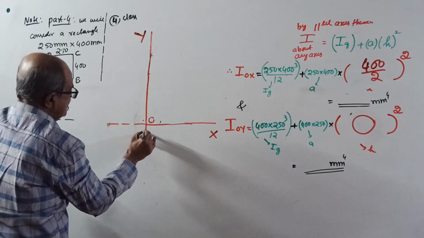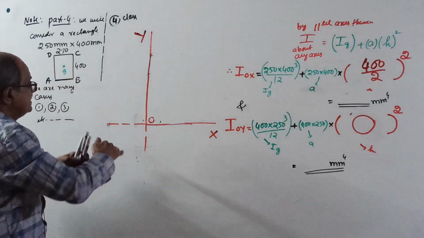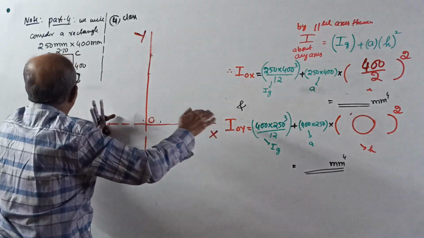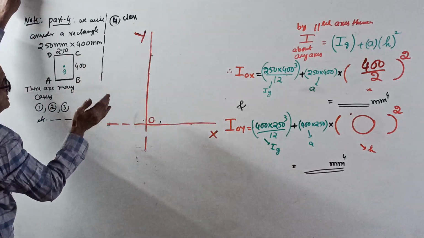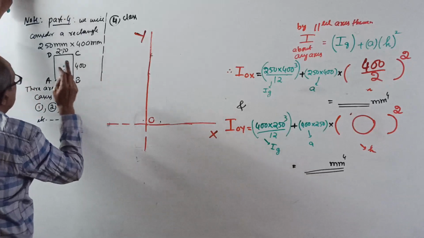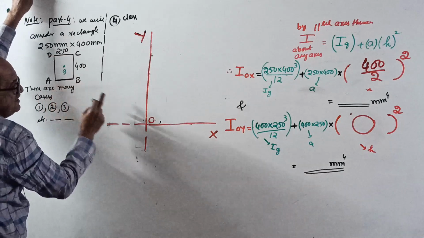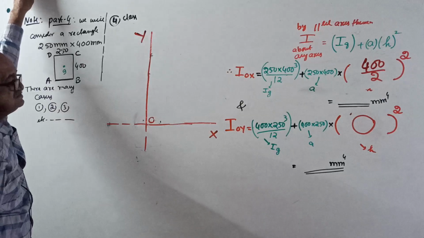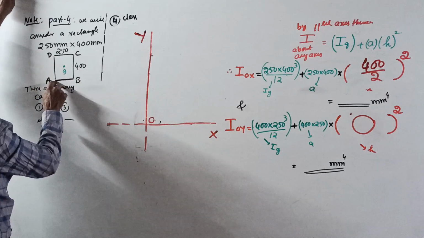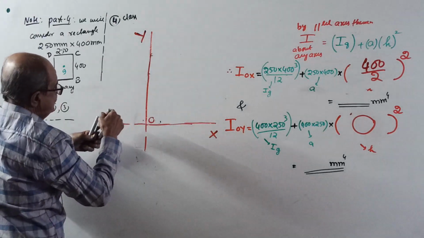The rectangle is placed symmetrical with respect to the OX axis. But last time I told symmetrical with respect to the OY axis with AB touching the OX axis. Now AD touches the OY axis.